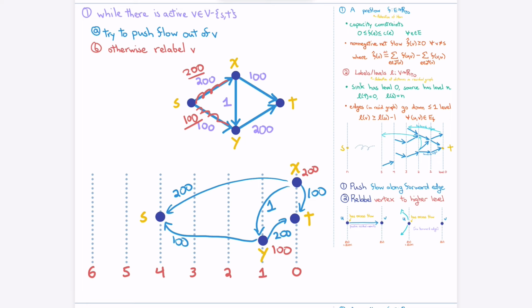So if I push 100 units of flow from Y to T, now T has 100 units, and Y is down to 0 units of flow, and then we have forwards and backwards edges of capacity 100 each. So in the original graph, we're sending 100 units of flow from Y to T. All right, so good. Now you get to pick an active vertex again.